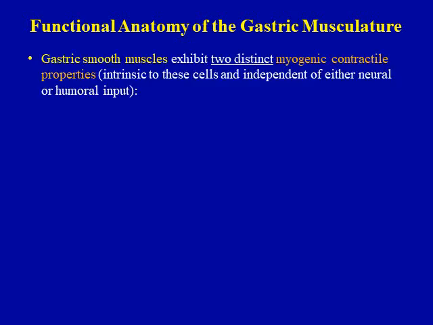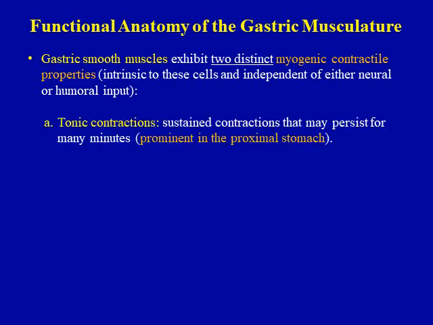As I said, the stomach is divided from the functional point of view into two parts because the gastric smooth muscles exhibit two distinct myogenic contractile properties that are intrinsic to these cells and independent of either neural or humoral input. There are cells that exhibit tonic contractions, which are sustained contractions that may persist for many minutes, and these types of muscles are prominent in the proximal stomach.